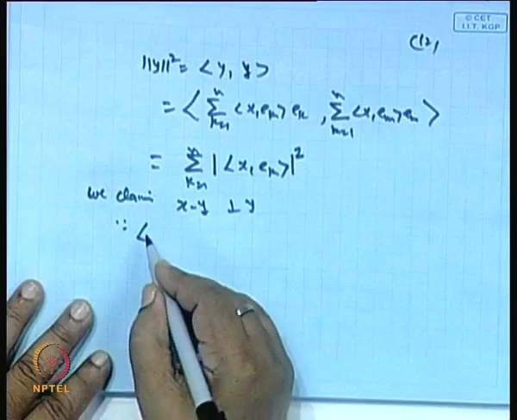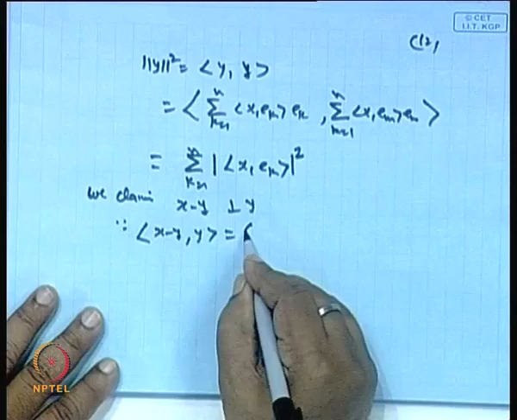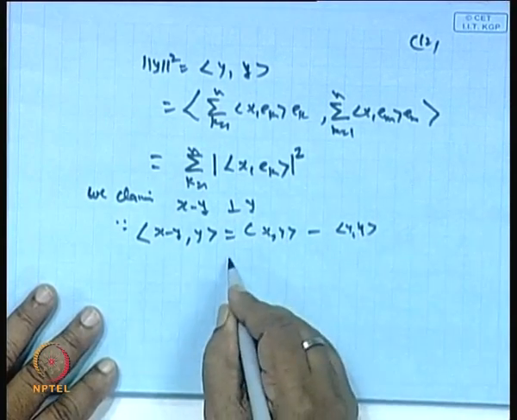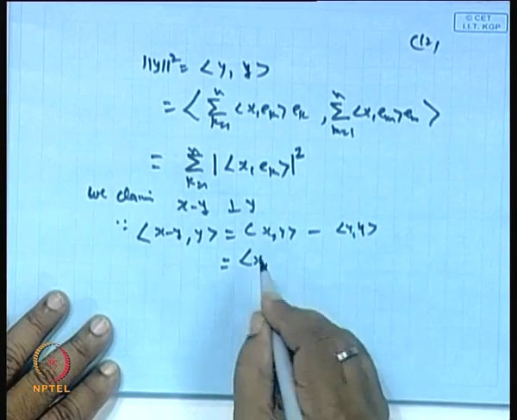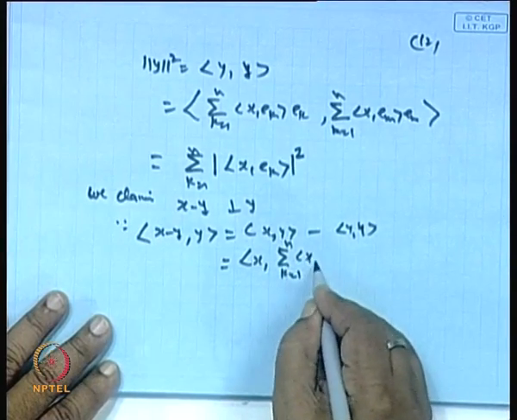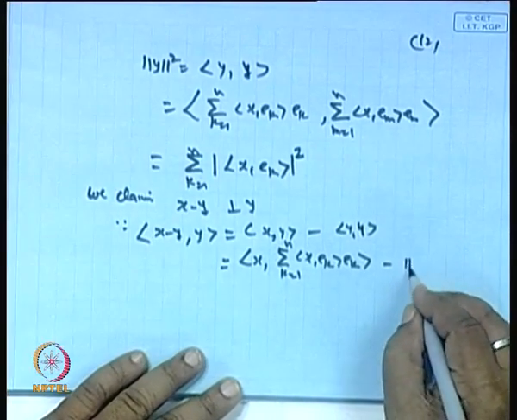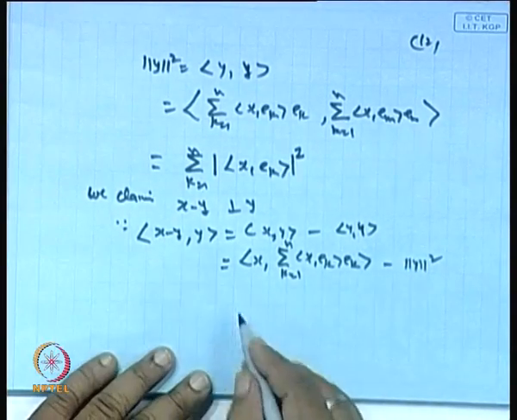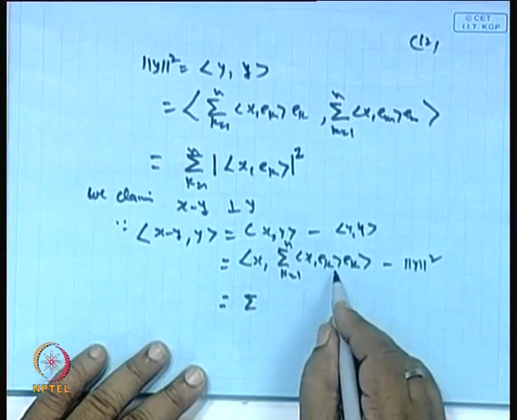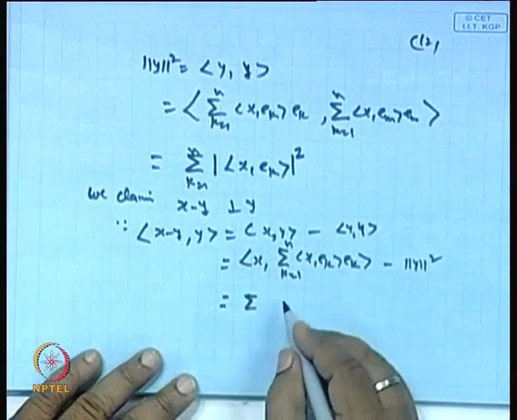Because inner product of x minus y comma y will be equal to inner product of x, y minus inner product of y, y, and y is this one, sigma k equal to 1 to n x e k, and minus norm of y square. So, this will be equal to sigma, again if I take this thing x e k, this conjugate will come here.